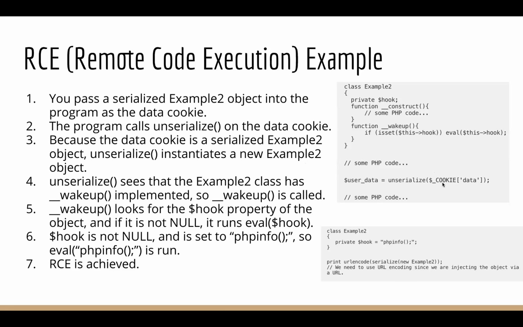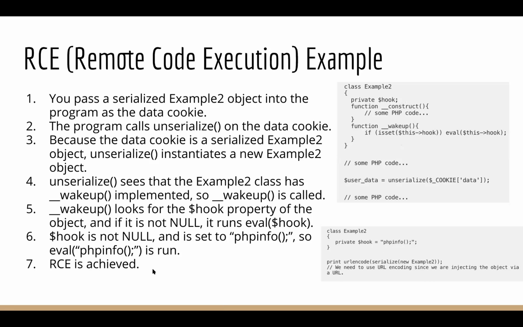And when the program calls unserialize, it invokes the wakeup function, because the cookie variable is part of the example two class. When the wakeup function looks for the hook property of the object and sets it to null, otherwise it just evaluates the hook, basically gets this data right here, and it's run.